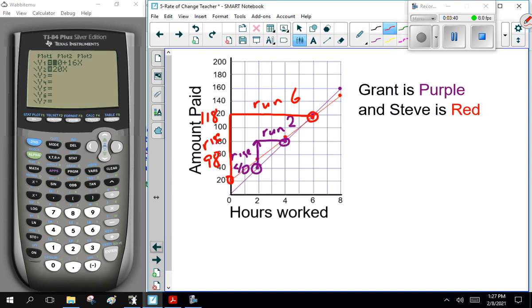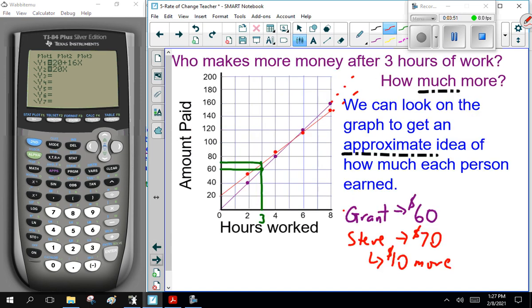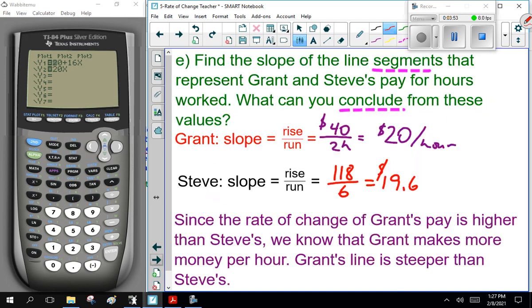Those of you screaming at the computer pointing out my mistake, thank you. So 98 over 6 is, ooh, 16.3.